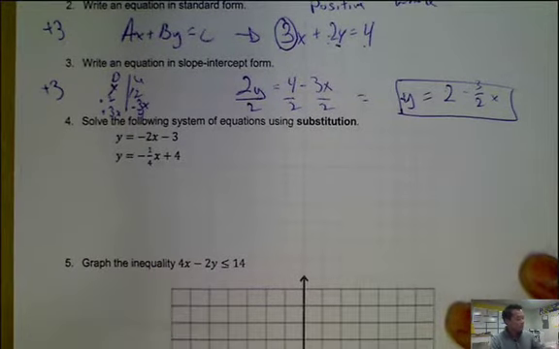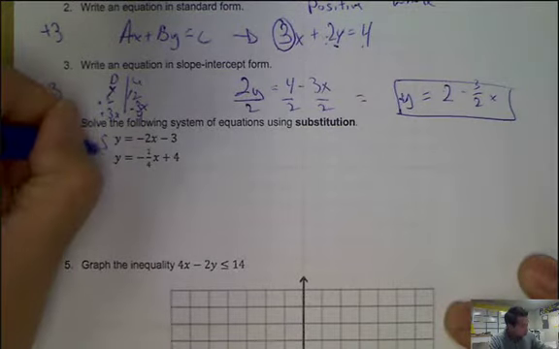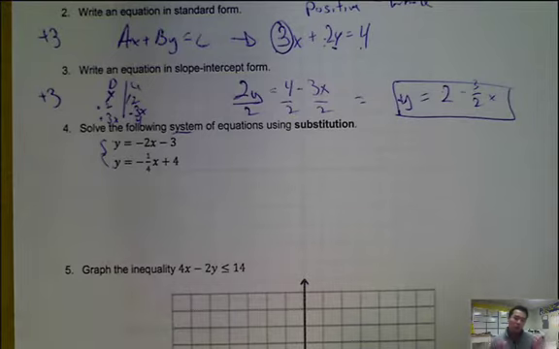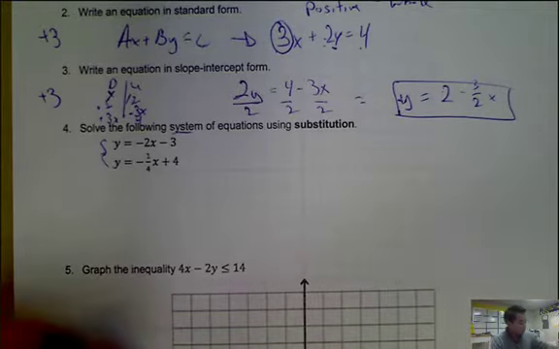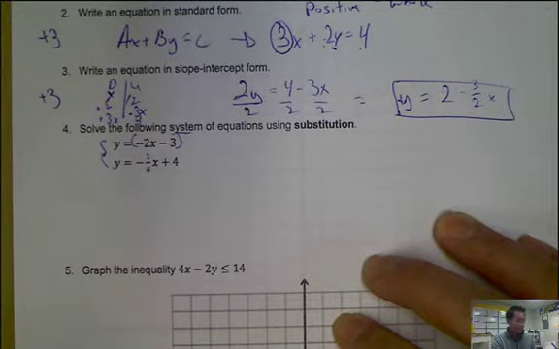So this one, since I have y is equal to, I know it is a system because it says this is a system. But when you have two equations that are already solved for one of the variables, y is equal to or x is equal to, you can simply do something like this. Y is equal to negative 2x minus 3.